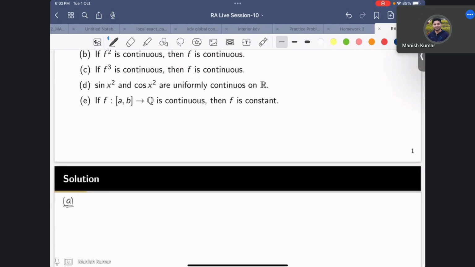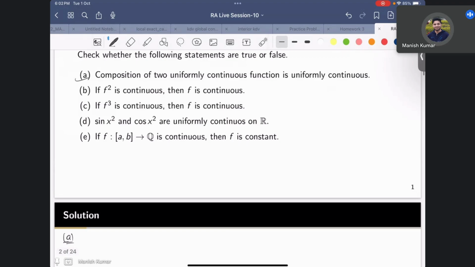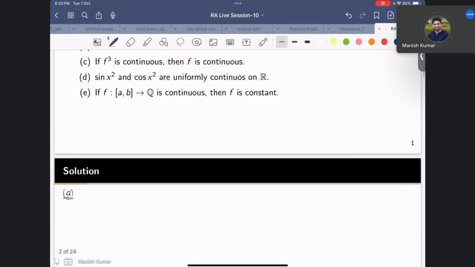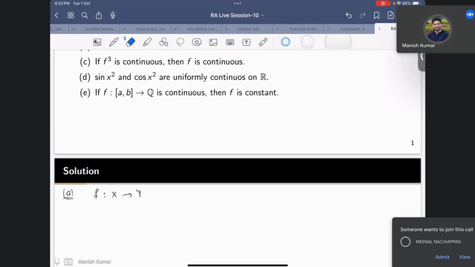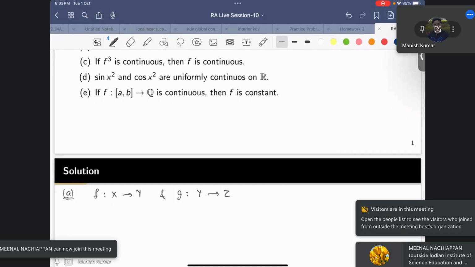So we'll assume that we have been given two functions. Suppose that f from X to Y, and g, let's say, from Y to Z. Assume that they are two functions which are uniformly continuous.